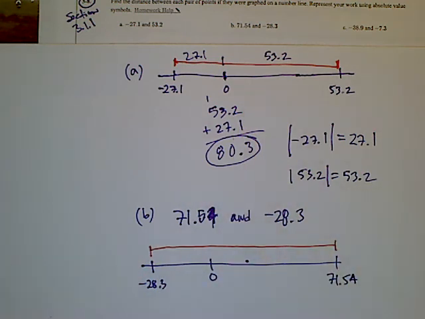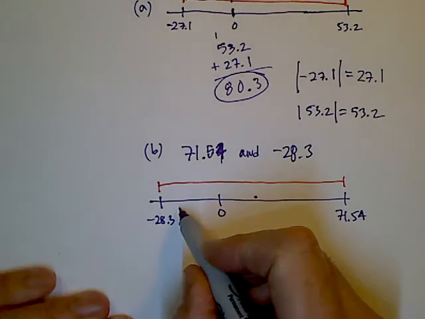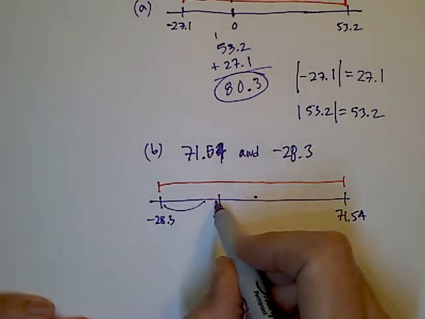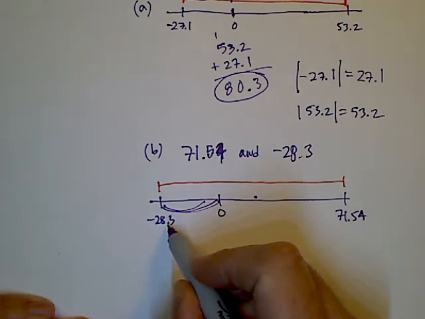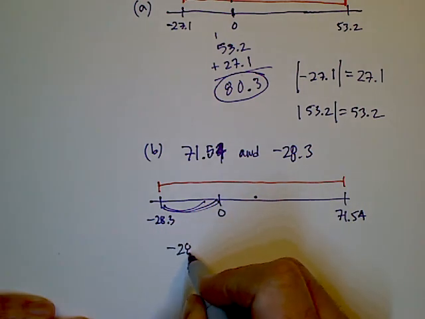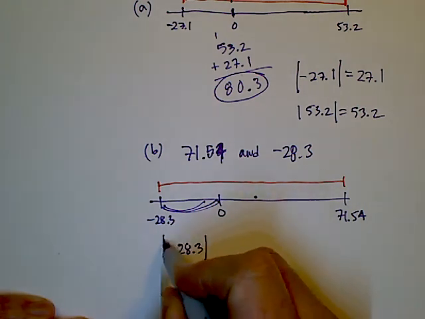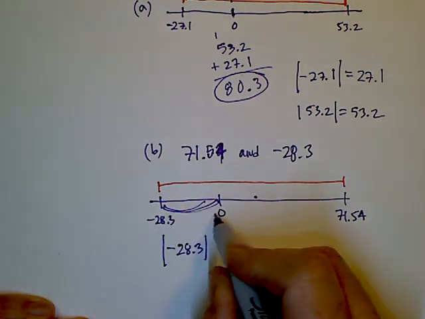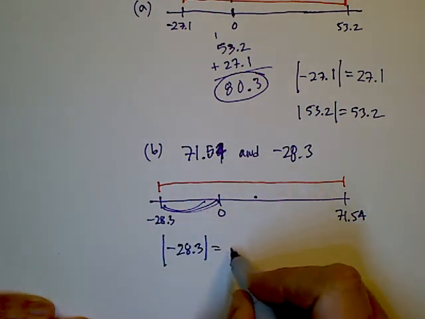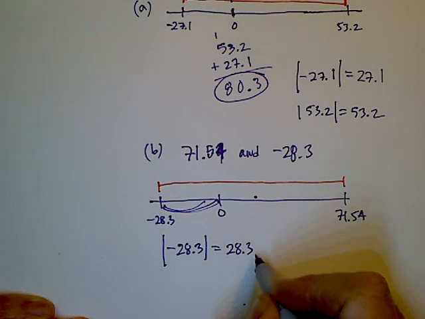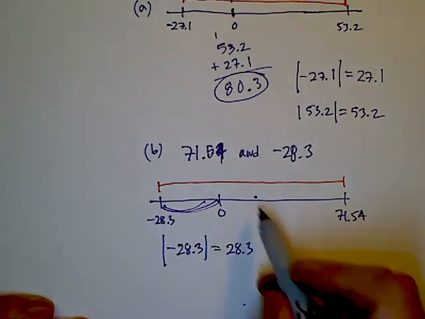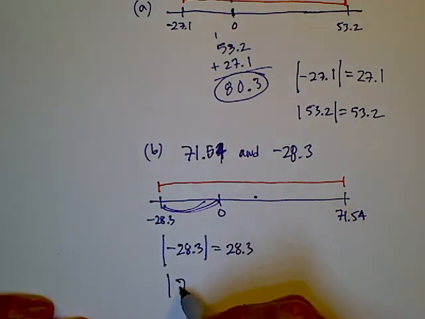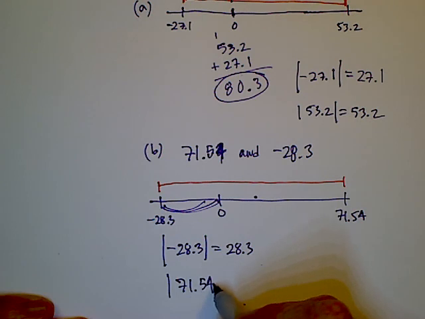So how do I do this with representing absolute values? Remember that from that 0 to that negative 28.3 is the absolute value. The absolute value does mean the distance between that number and 0, so the absolute value is a positive version of that number. And then the absolute value of 71.54 is 71.54.